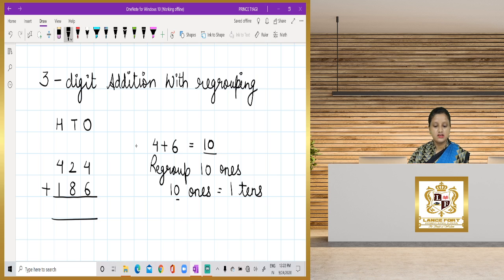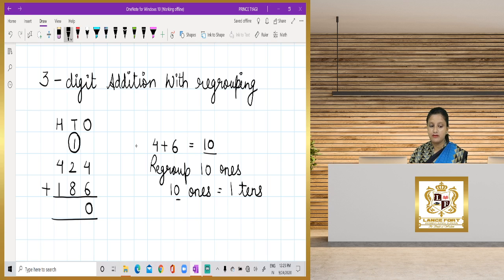Now write 0 in the ones place and carry over 1 ten into the tens column. Write 1 above 2. Now we have to add the numbers of the tens place.